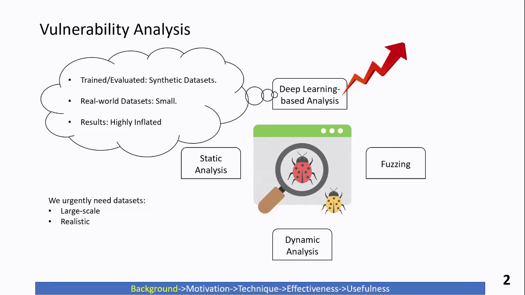Static analysis also faces a lot of barriers because it may not be able to analyze dynamic constructs of the code. For example, if you feed a static analyzer like CodeQL, anybody use CodeQL? Yeah, great. That's a pretty widely used static analyzer for identifying vulnerabilities. But those tools are not technically sound.